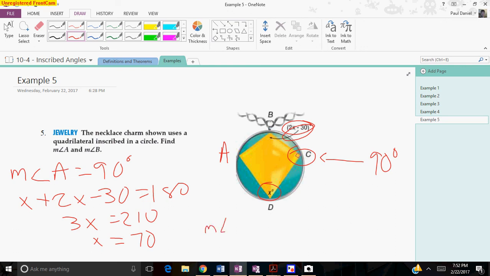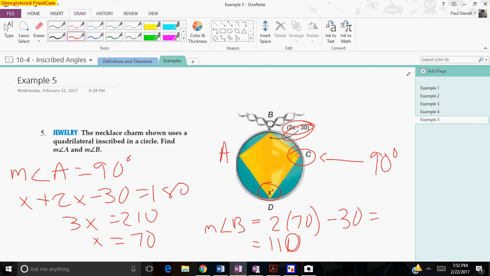The measurement of angle B is 2 times that 70 degrees minus 30, which is 140 minus 30, which is 110.